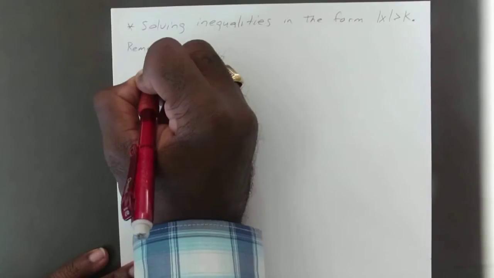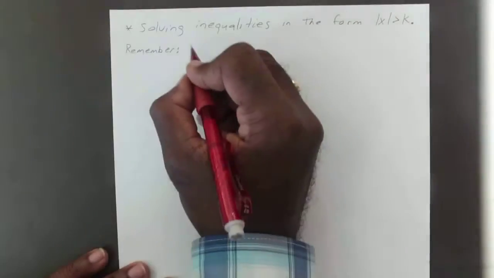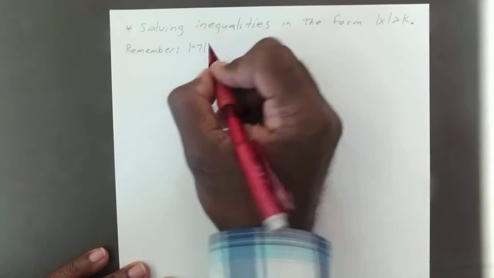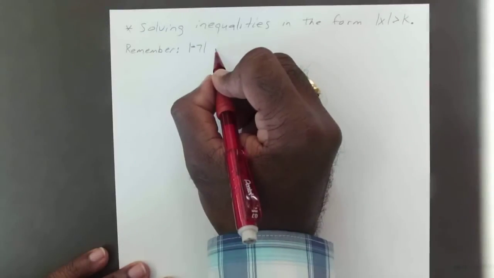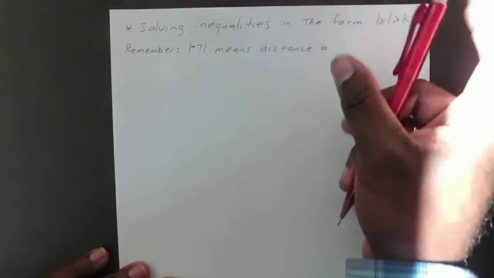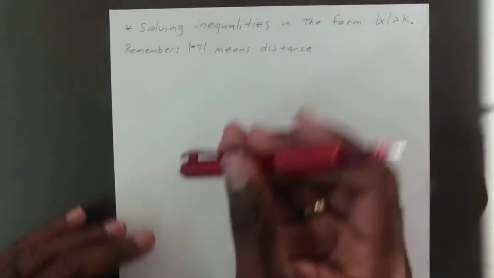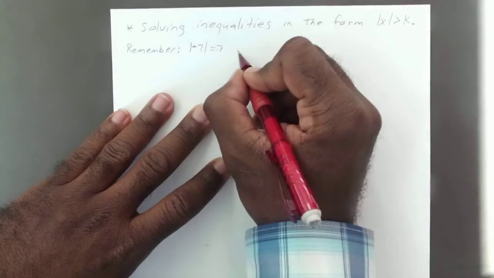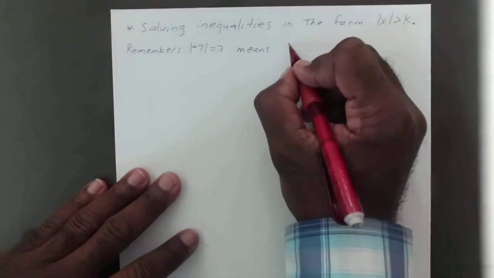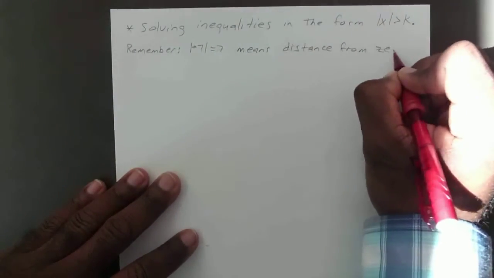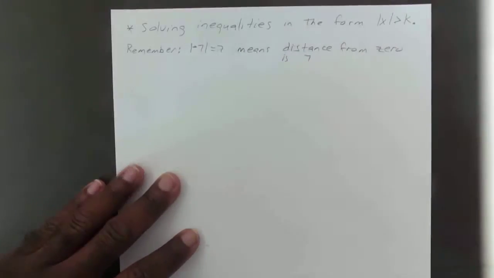Okay, so once again, if we remember from the previous ones, let's say the absolute value of x equals 7 just means the distance from 0 is 7.